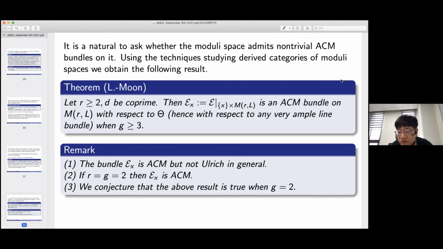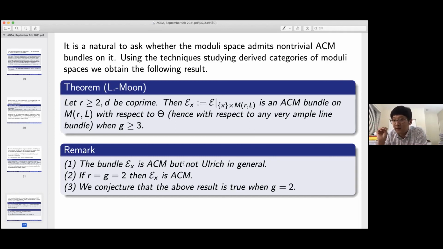Okay, other questions or comments? For higher rank vector bundles, do you have some expected motivic decomposition for the moduli space? For rank 3, we have this motivic decomposition.